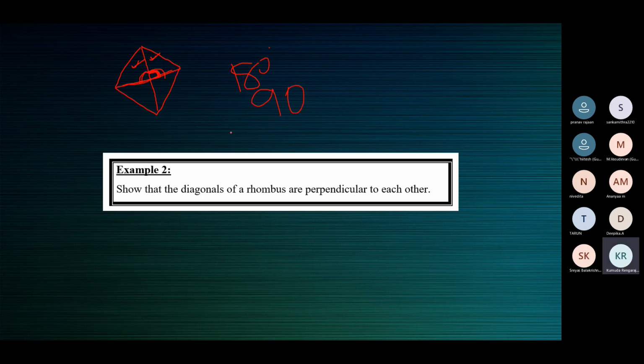Two angles are equal and they form a linear pair, that is, they add up to 180. That means they have to be 90 each. Like that you prove this angle is 90 degrees, which means the diagonals, this line segment and this line segment, are perpendicular to each other.